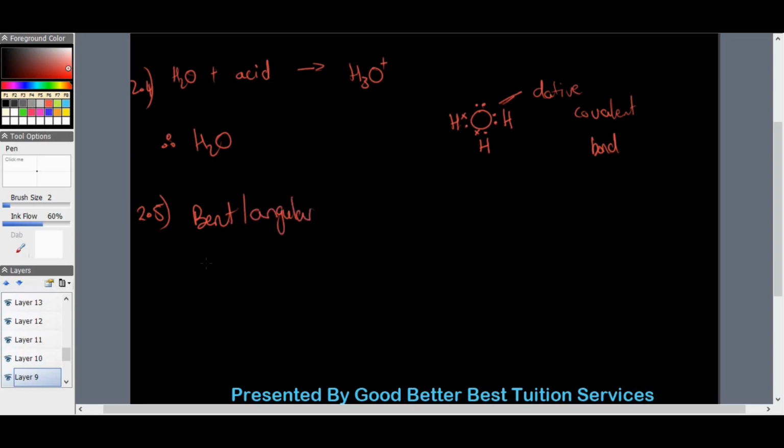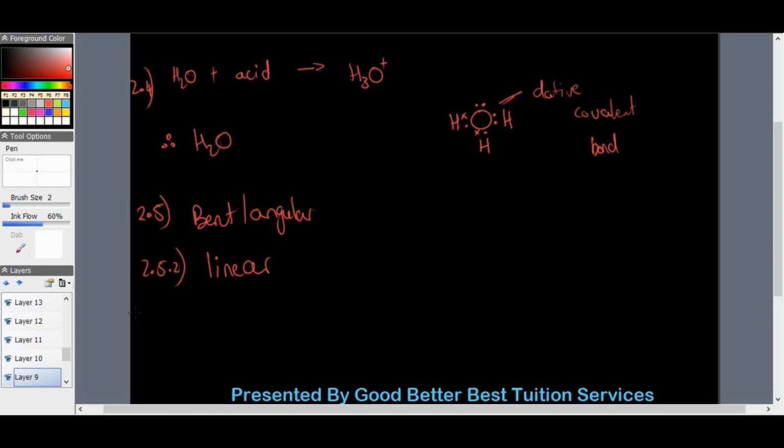Can somebody please give the shape of CO2, carbon dioxide, 2.5.2? Connor, you are correct. It is linear, in a straight line. If you didn't know that, you could have looked at the Lewis diagram that you drew, and it would tell you that it is linear.